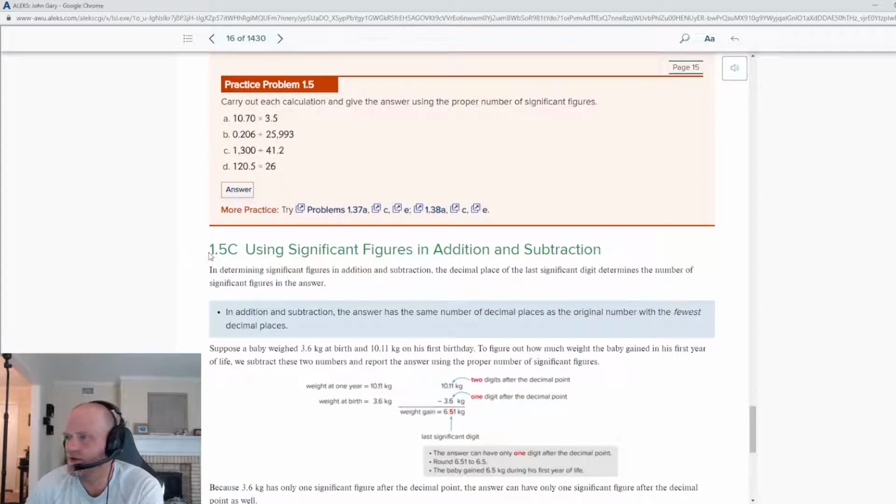Okay, and they'll throw you a couple little curveballs, like they may have you add something and then divide it, or do an average where you have to add 3 decimal numbers, right? Then you have to divide by 3. So do you use the addition rules or the division and multiplication rules?